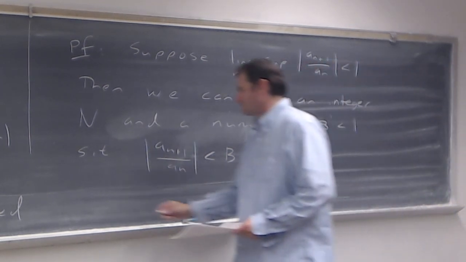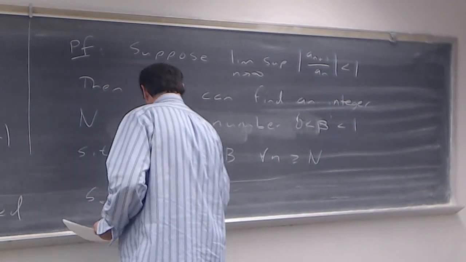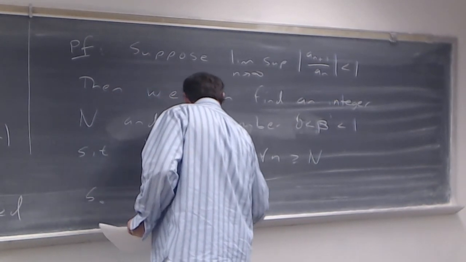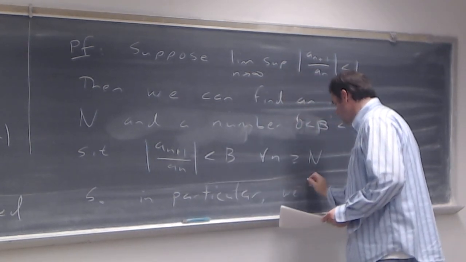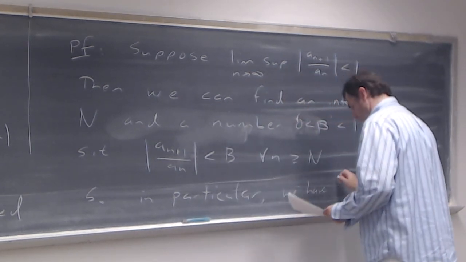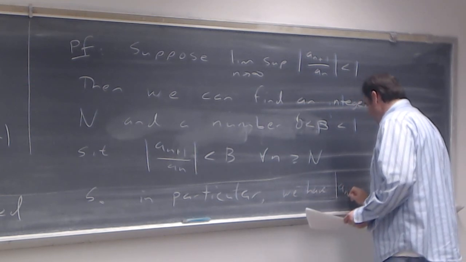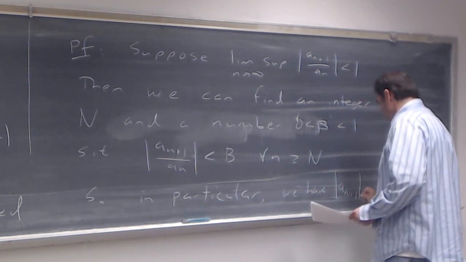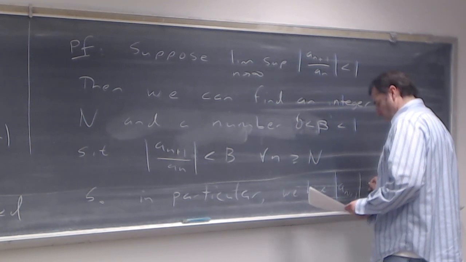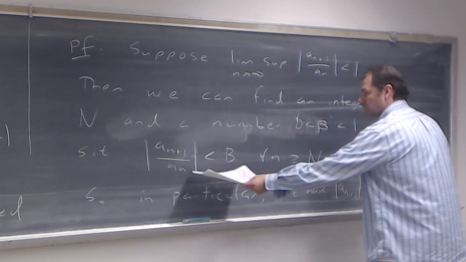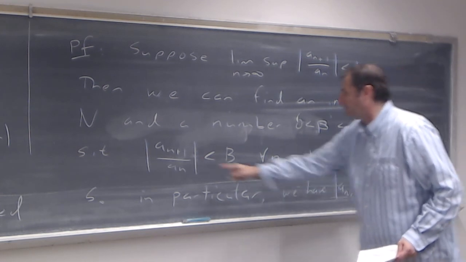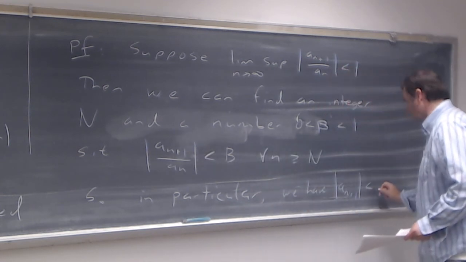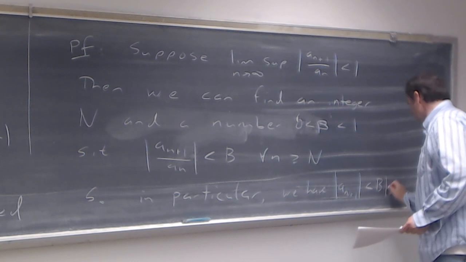So in particular, we have that a sub n plus 1, that absolute value, will be less than, and I'm using little n equal to big N, a sub n plus 1 is going to be less than b times the absolute value of a sub n.